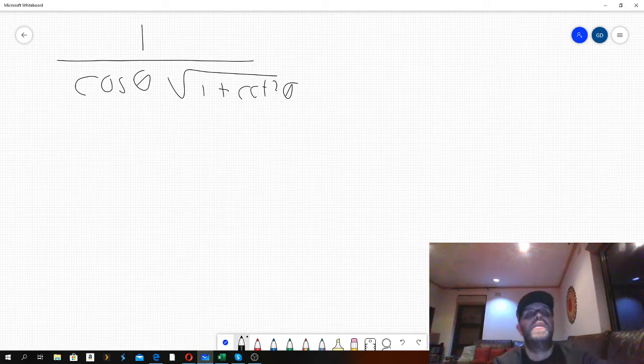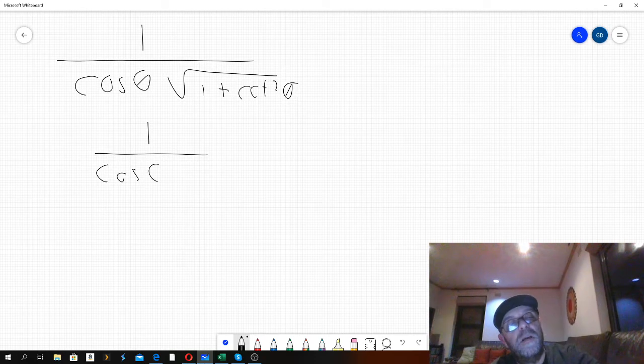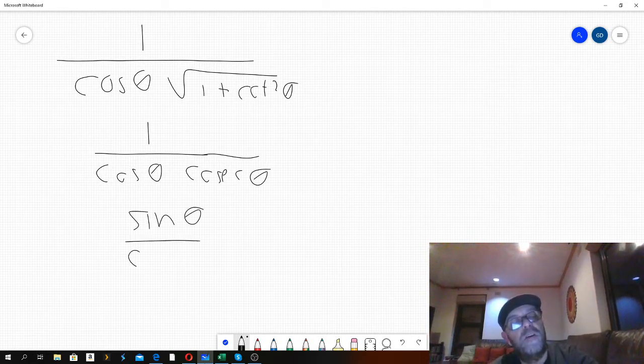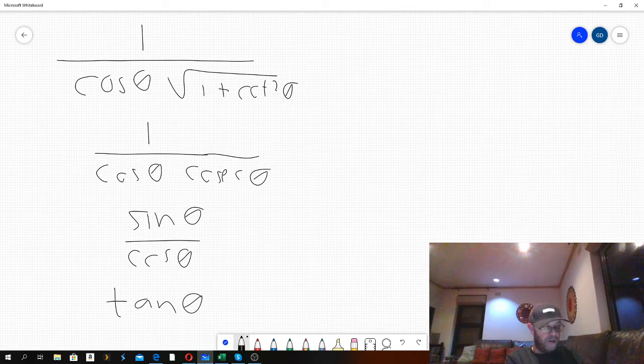So the square root of cosec squared is just cosec. So I end up with 1 over cos and also over cosec. But 1 over cosec is simply sine. So then I can put sine at the top, which is sine theta over the cos theta, but we know that one already as well as tan theta. And so there we've got tan theta for number 6.